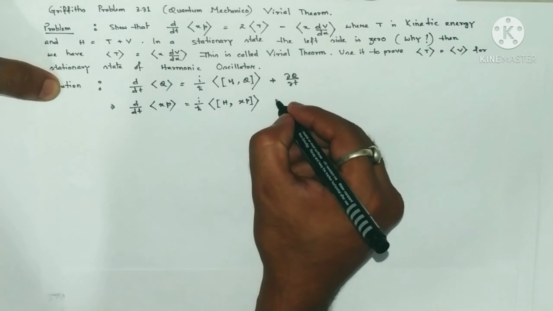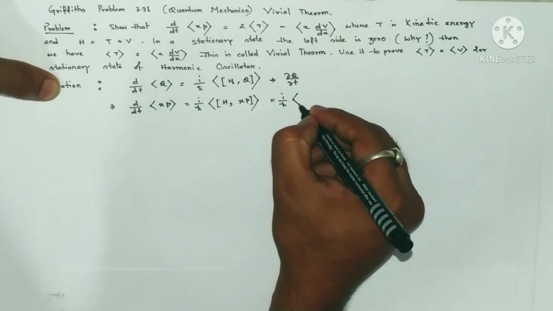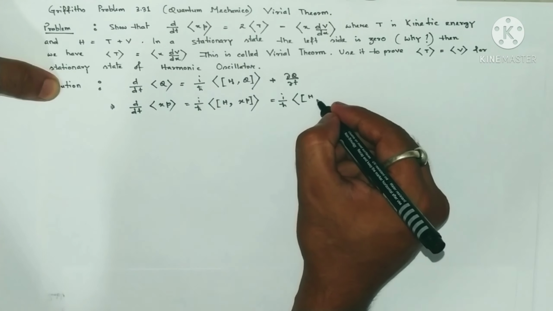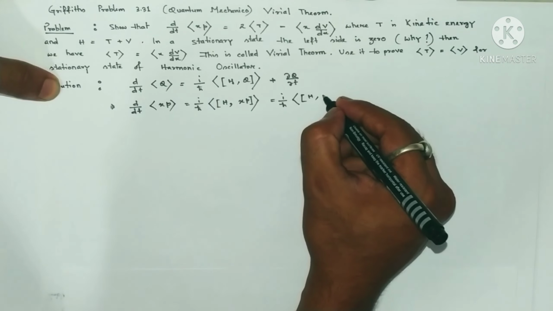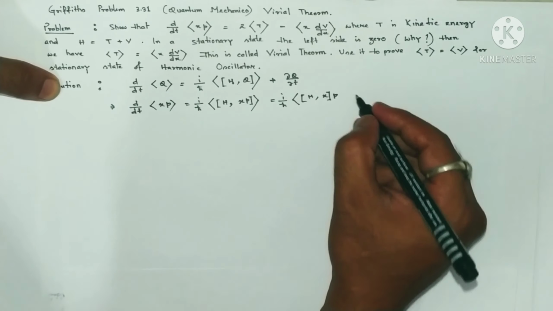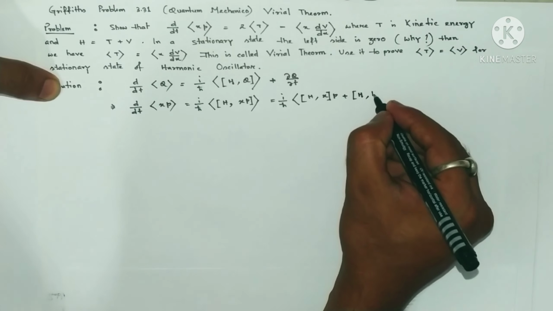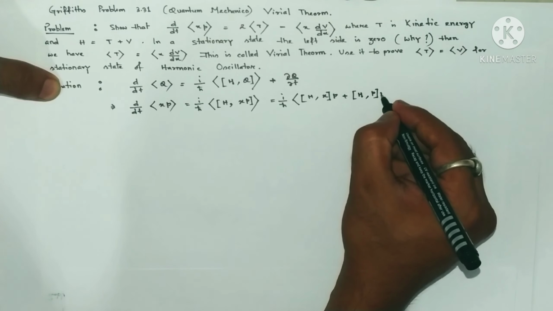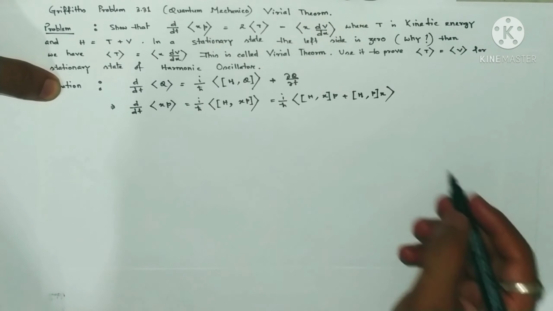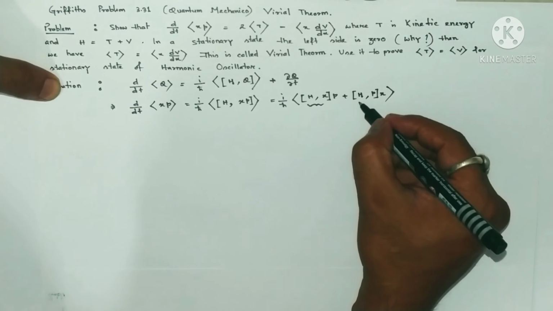So we can write this as i/ħ times the expectation of the commutator of H with x, then p, by breaking xp, plus again the Hamiltonian with p, and outside we write x, and then close the expectation bracket. So we will be finding these two.